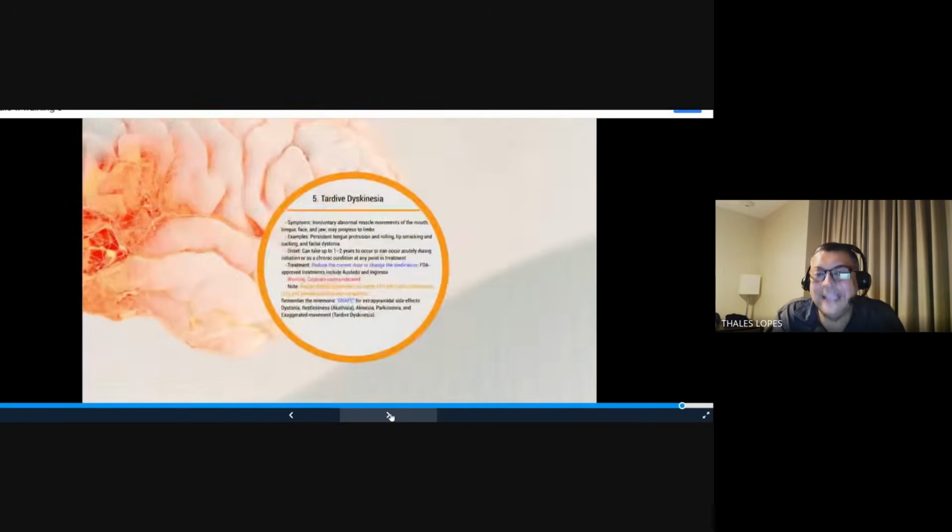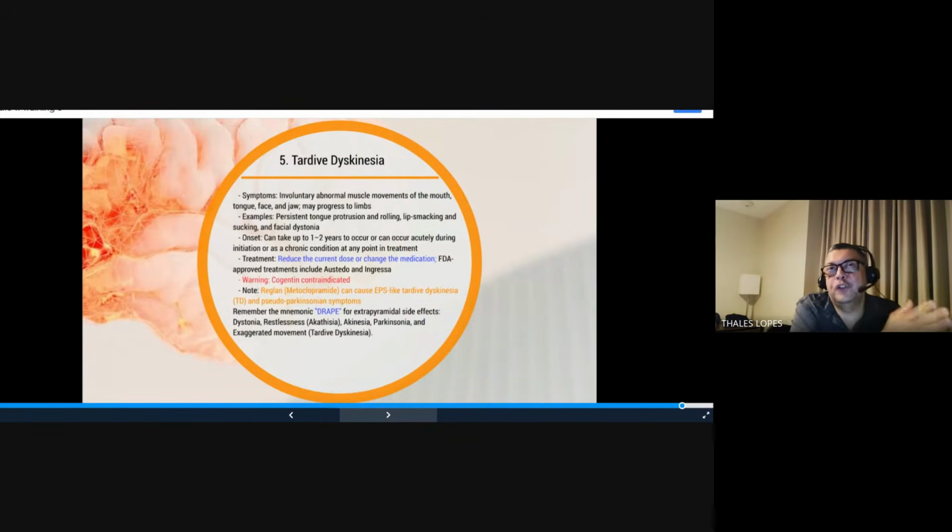Now, what you cannot do Cogentin for is TD, often tested. Which medication would you avoid in TD? Cogentin. Now, someone asked me, can they fake involuntary muscle movement of the mouth or the face or the jaw, right?